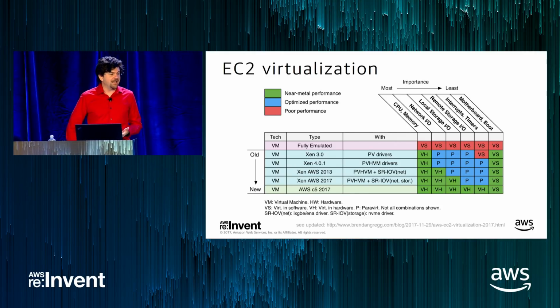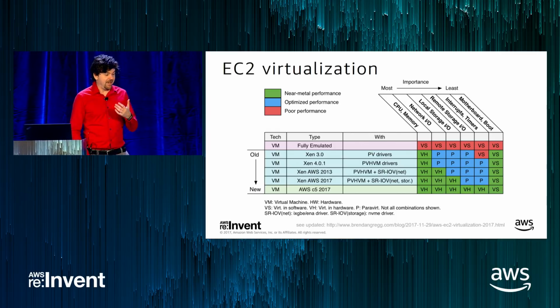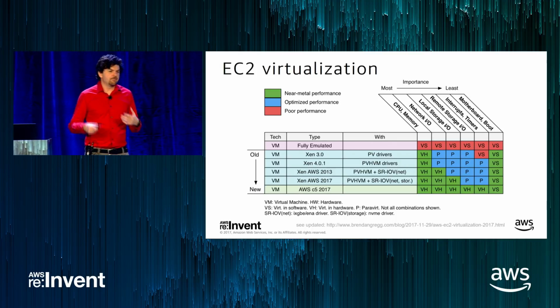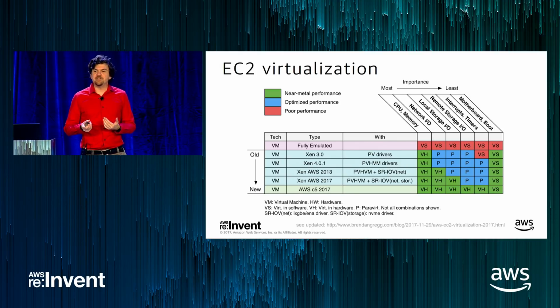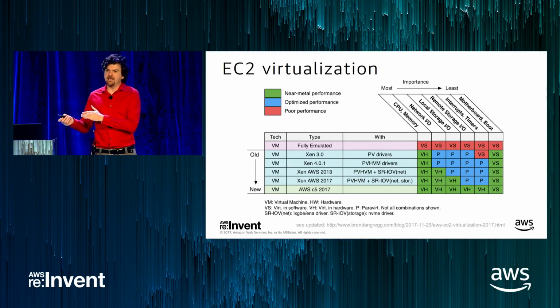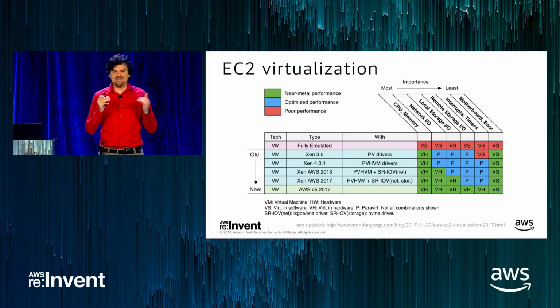And it also looks like interrupts have hardware virtualization support as well. And if you've been following virtualization, interrupts have been described as the last battleground for making hardware virtual machines perform at near metal speeds.